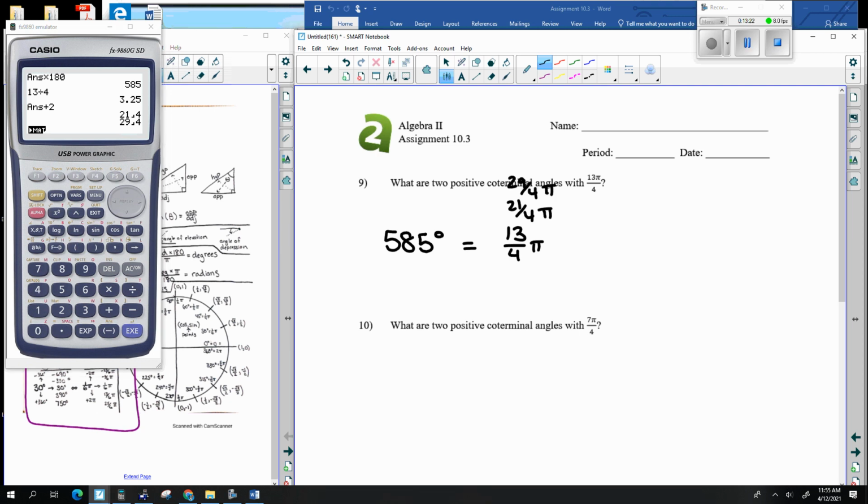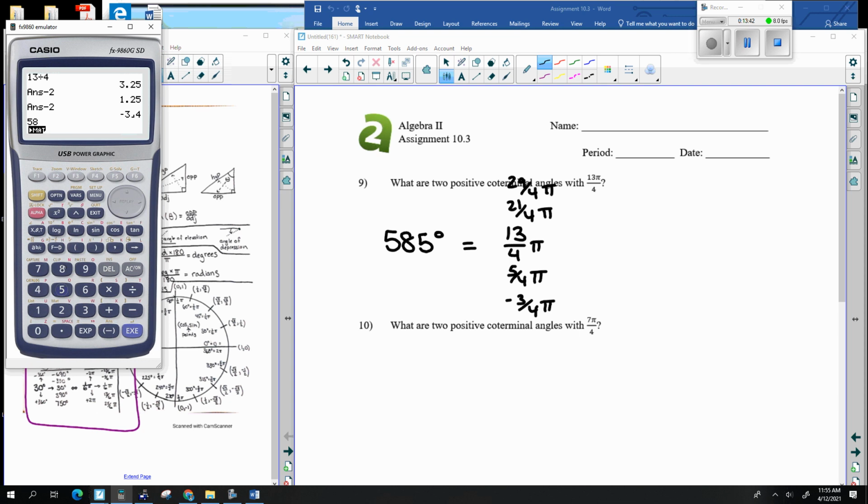And let's take circles away from it. So 13 over 4 minus circles. So this would be negative 5, oh, excuse me, positive 5/4. Positive 5/4 and negative 3/4.